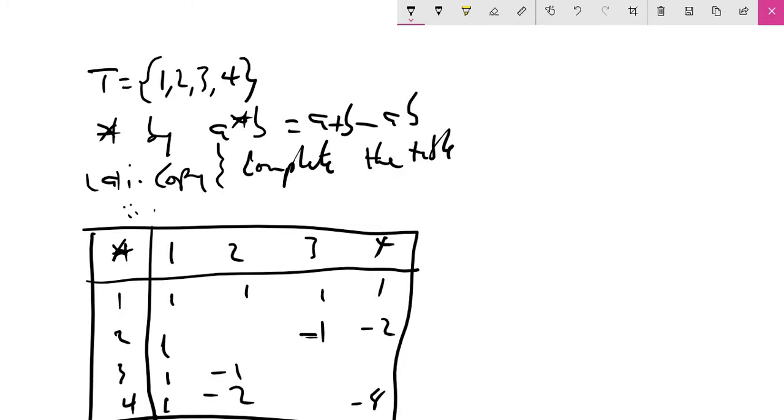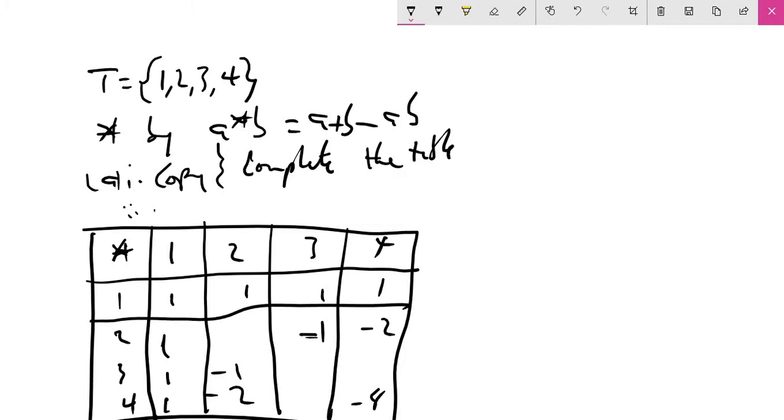So these empty spaces, we have to fill them with actual values, and we will use the operator defined here.